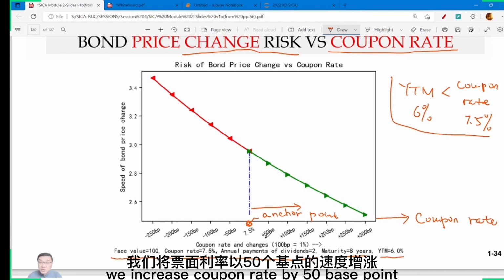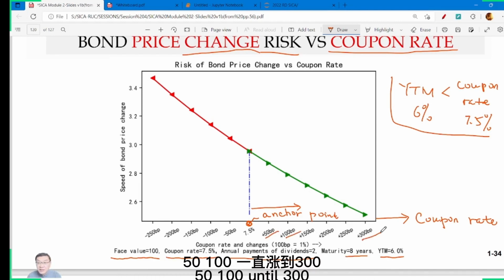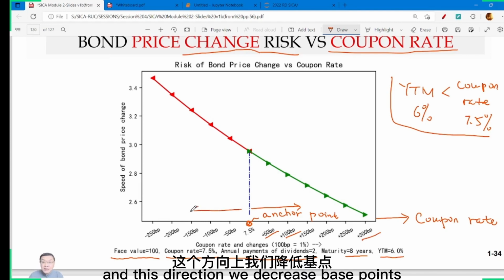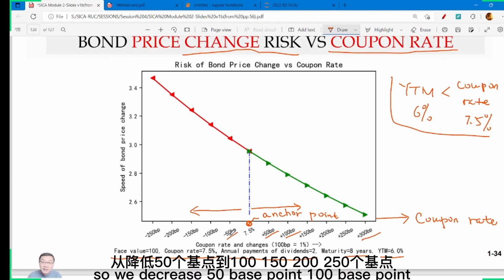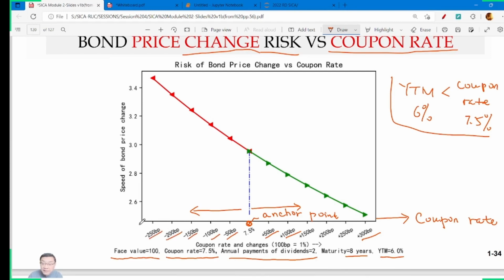We increase coupon rate by 50 basis points, 50, 100, until 300. And in this direction, we decrease coupon rates by 50 basis points every time: 50, 100, 150, 200, 250, until minus 300 BP here.